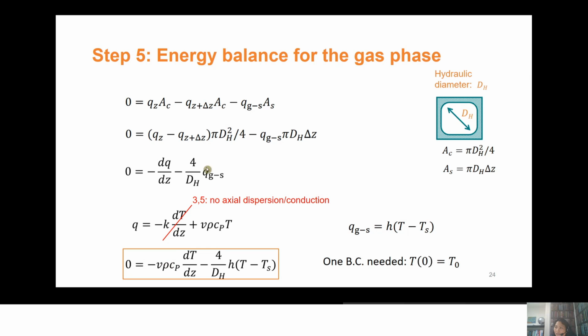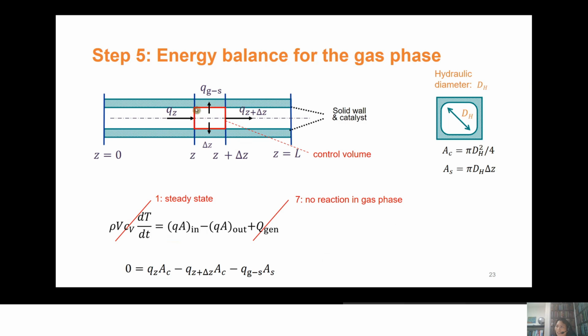And then finally, the heat flux, this guy here, Q, the heat flux from the gas phase to the solid phase. Okay, QGS is just the heat transfer coefficient, H. So this is taking place again, yeah, at that stagnant film. So if you look at your control volume here, there's a stagnant film here.